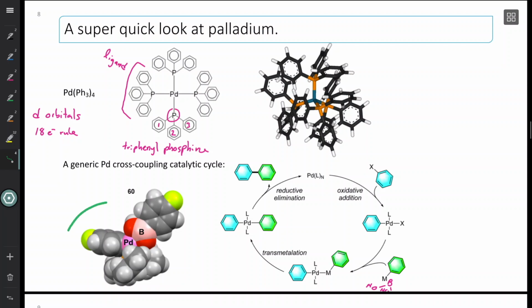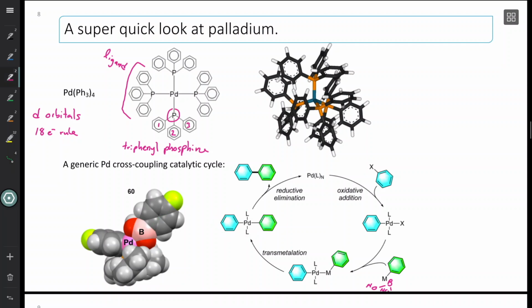Here's a pretty cute little ball model. So this is palladium here, all sandwiched in the middle. This is hydrogen. This is a benzene ring. There's fluorine on the ends in this case. And here's basically palladium holding on to one benzene ring and then holding on to the boronic acid group of the other benzene ring before doing this step.